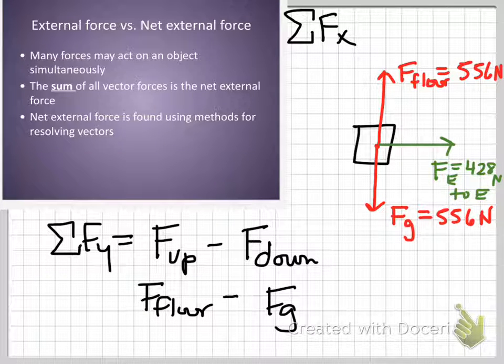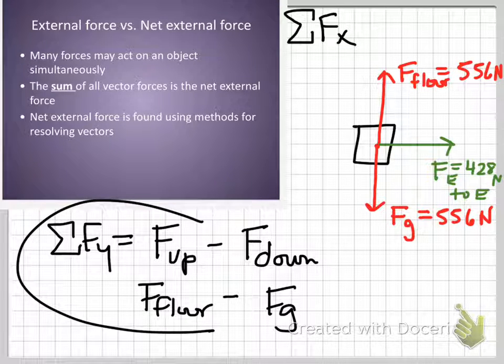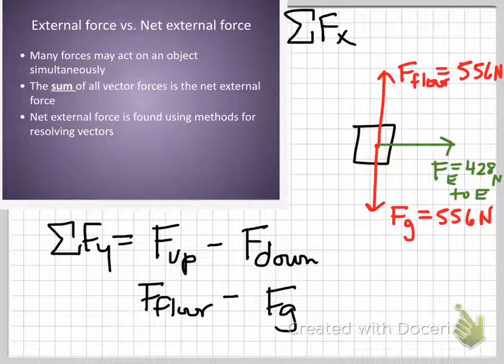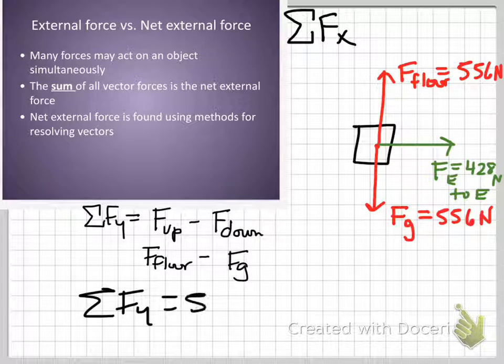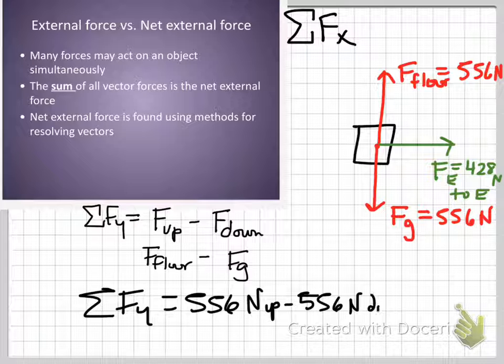Okay, so in this case, sum of forces on the y equals 556 newtons up minus 556 newtons down, because this is a vector, I'm going to write up and down.